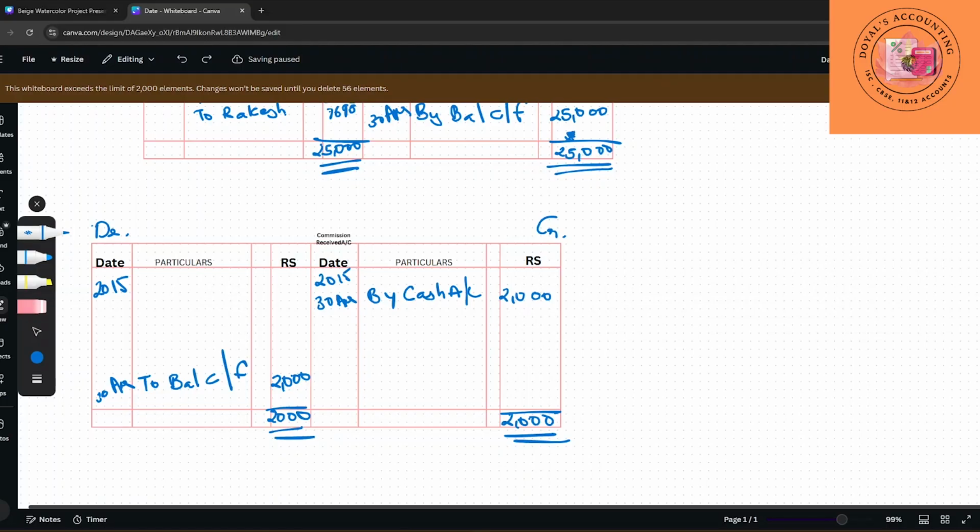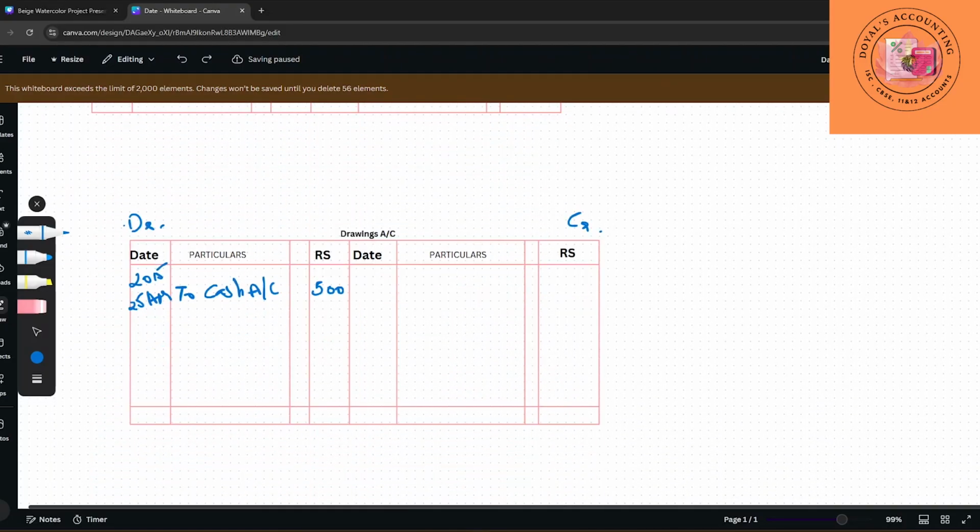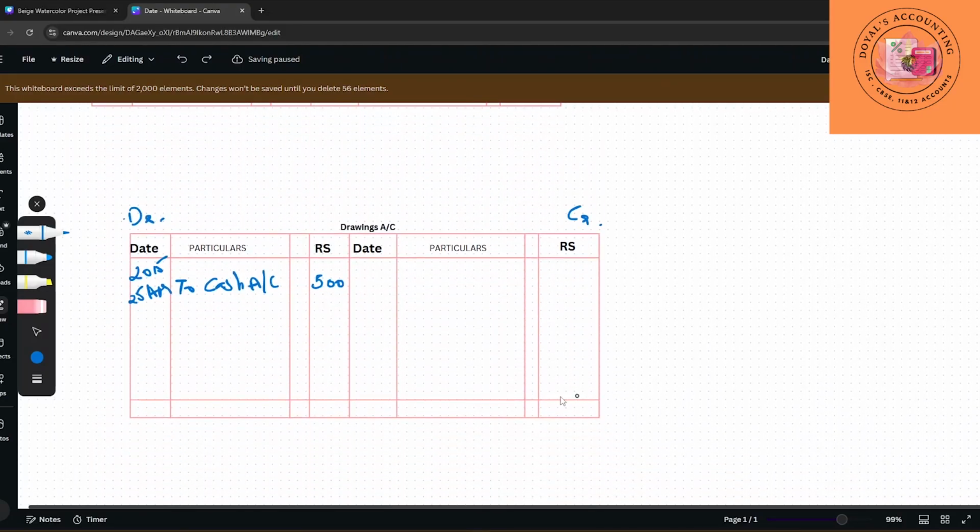Okay, so that is why we draw double line. We didn't use a bank account here, but in accounts you'll use in the ledgers. If bank is involved, then you will have to open a bank account as well. And we will be doing it in the upcoming problems. By balance carried forward rupees 500. So 500.